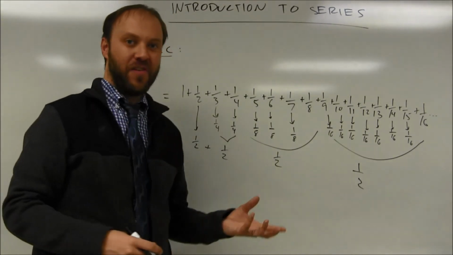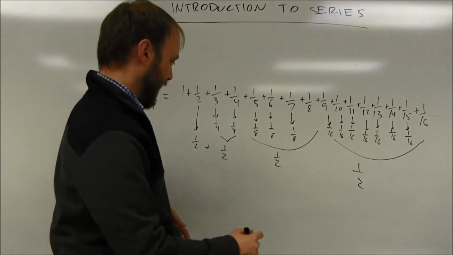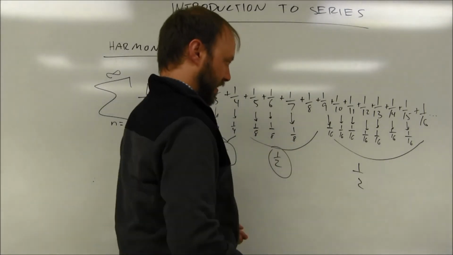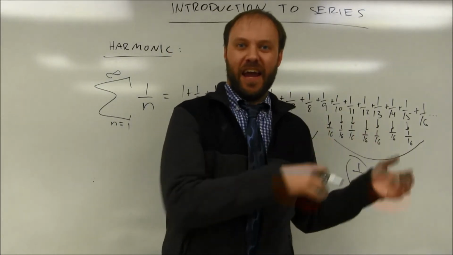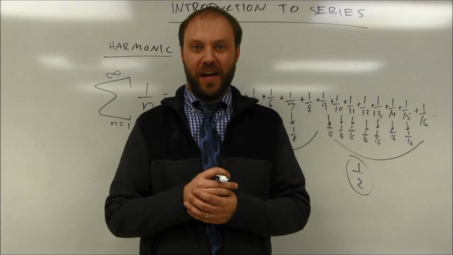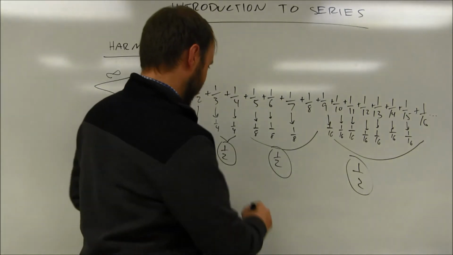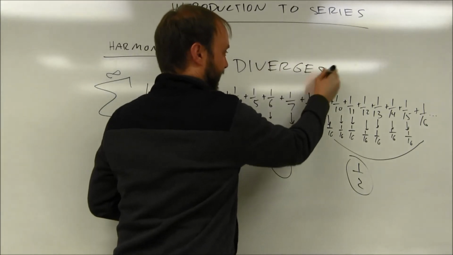Well, what I've shown here, not a formal proof, but I think you can kind of see what's going on, is I can basically turn this into a series in which I get a half, plus a half, plus a half, plus a half, plus a half, and I can continue that out as far as I want. And because I can continue adding on a half as far as I want, this series diverges. Okay, the harmonic series is divergent.